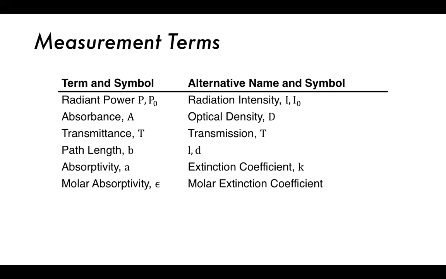Transmittance T, sometimes called transmission. These are used interchangeably. They both have the same letter. Path length b, sometimes called l for length or d for distance. Any of them are okay, so long as you know what you're talking about and you don't get confused, you can use whatever letter you want. Absorptivity a, sometimes called the extinction coefficient k.